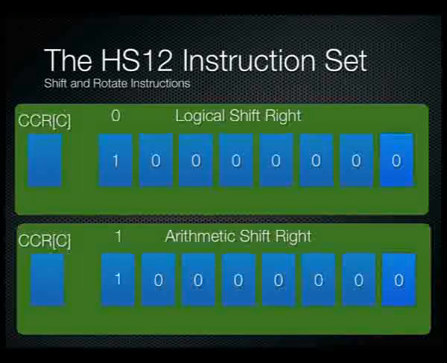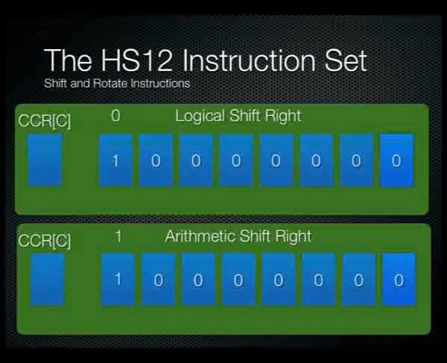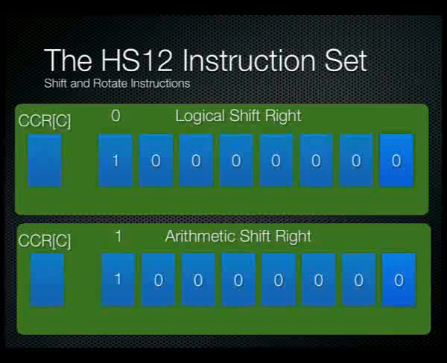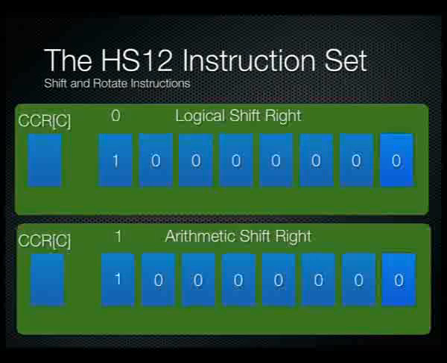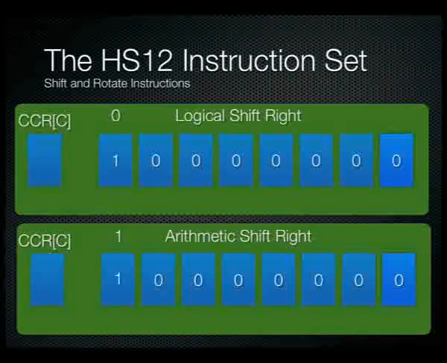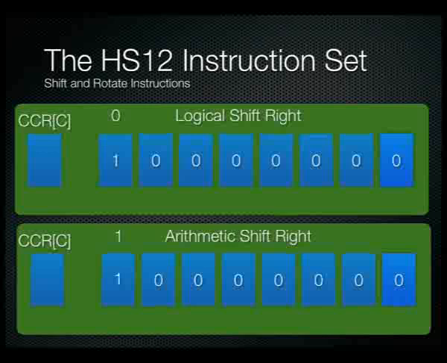So if the number is simply off a general purpose IO port, where it's just digital values that you've read from the outside world, then you might just want to do logical shifts. If the value you've read is actually a number, and you know it can be signed, you know it could be a positive or negative number, then of course by all means make sure you use arithmetic shifts.